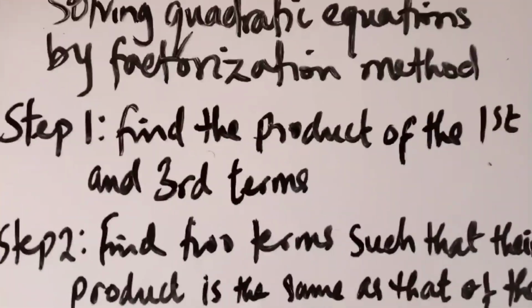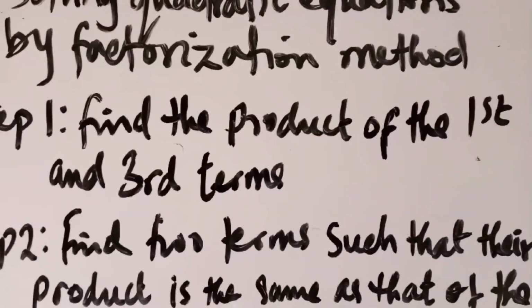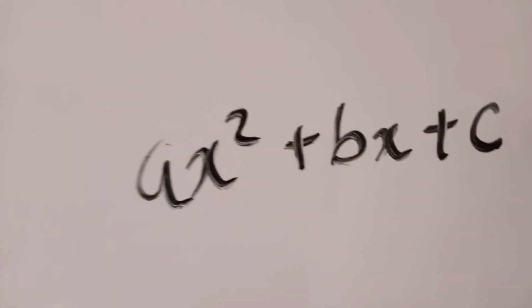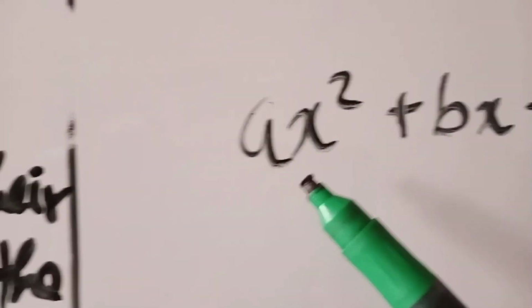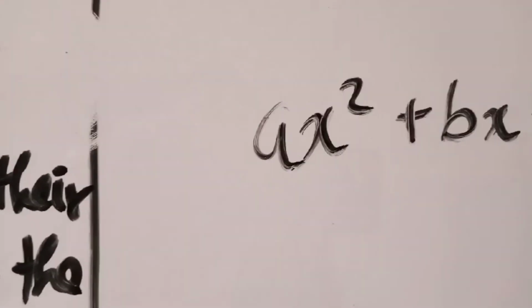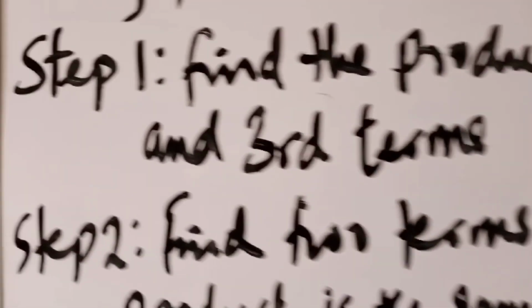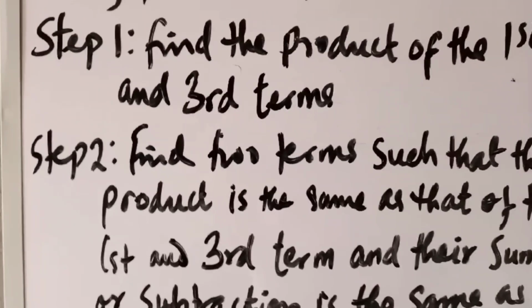Step number 1: find the product of the first and third terms in the quadratic equation. And when you do that, you move to step 2.